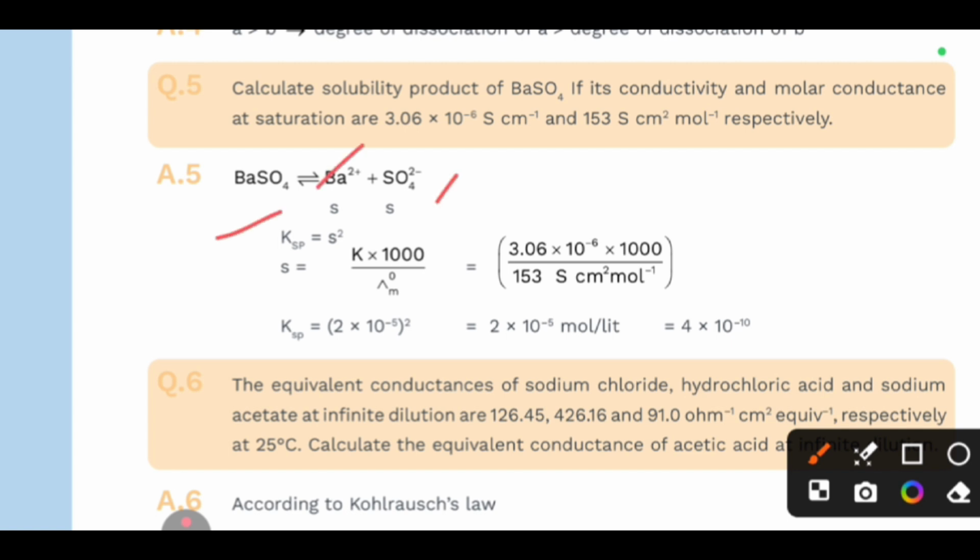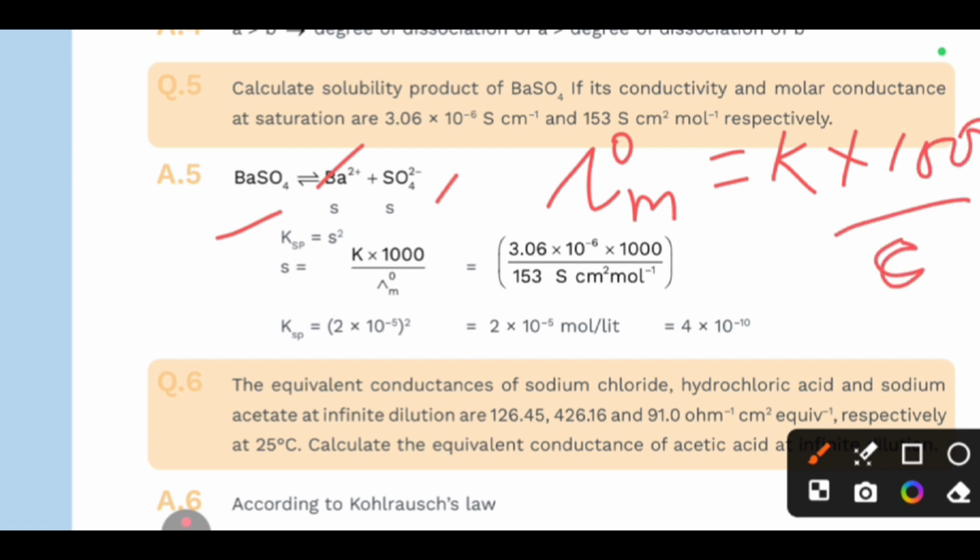We have already done this formula. Molar conductance at infinite dilution is equal to K into 1000 by concentration. This concentration is given in terms of solubility, so you can write solubility here. S will come here and this value will come down. You will get this formula.